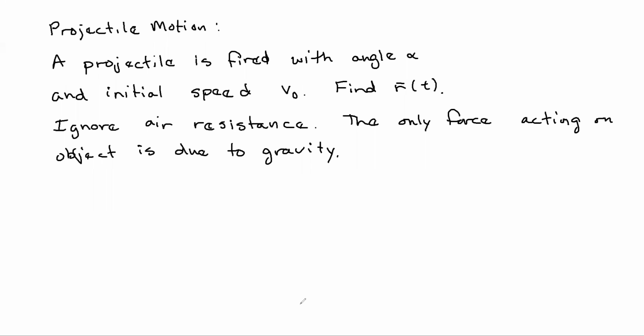So how could we, given this information, create a position function? That's what they're asking for, knowing only that the projectile is fired with an angle of alpha and an initial speed of v naught.